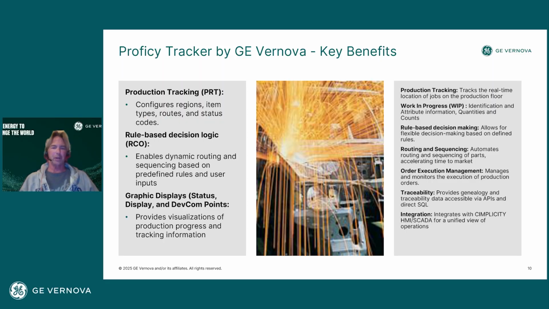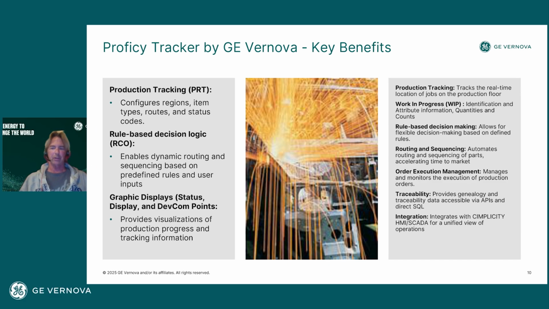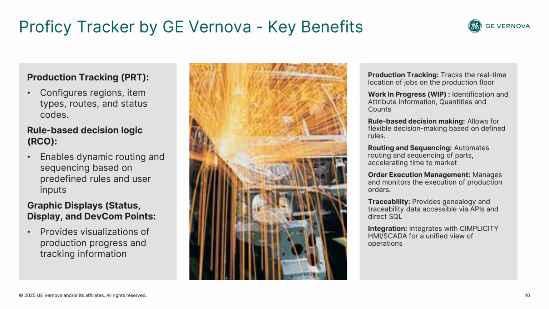Okay, so first I just wanted to go over some of the things that make up Tracker. Tracker is composed of several services and data models really designed for the manufacturing industry, and they are closely coupled with Proficy CIMPLICITY and the entire suite. It all starts with the production process.